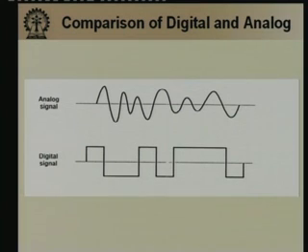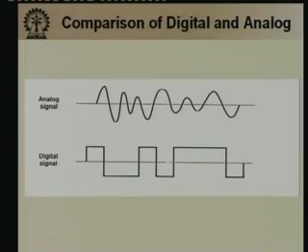Now, as we talk about the physical medium, we have to talk about two different modes of communication: one is analog and the other is digital. You have before you, the top one is the analog signal.